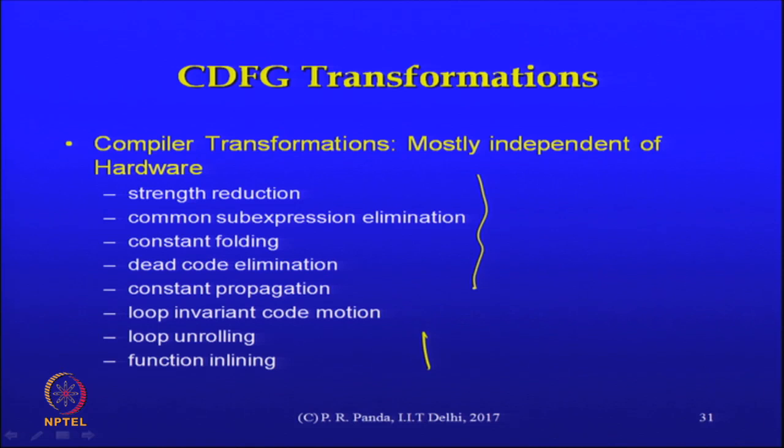The approach that we will take in the discussion of these early transformations is that we will highlight the possibility, where is the opportunity for those kind of transformations. That is what we will identify. We will not necessarily go into too much detail on the algorithms for performing each of those optimizations.